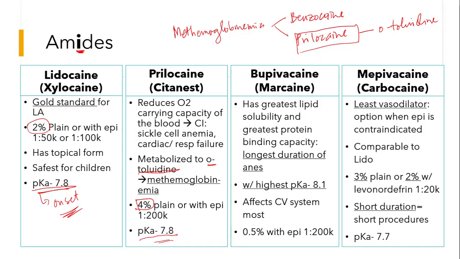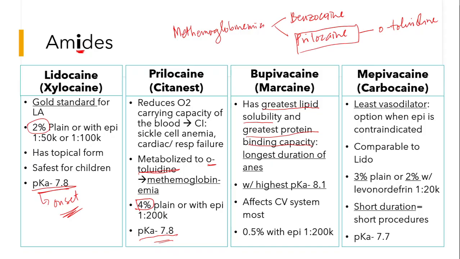Okay? Now, next is your bupivacaine, commonly known as Marcaine. Bupivacaine has the greatest lipid solubility and the greatest protein binding capacity amongst all your local anesthetics. So what does that mean?